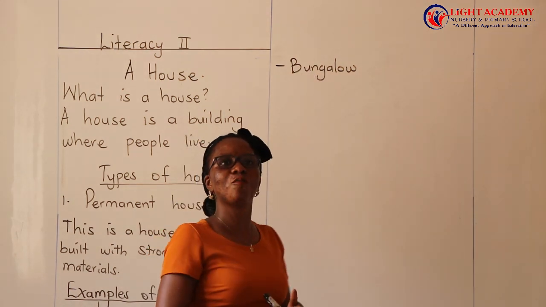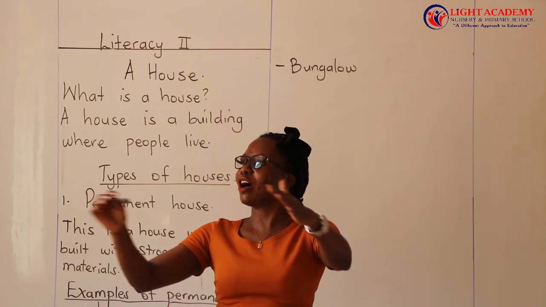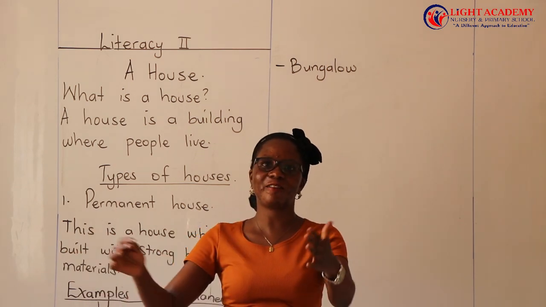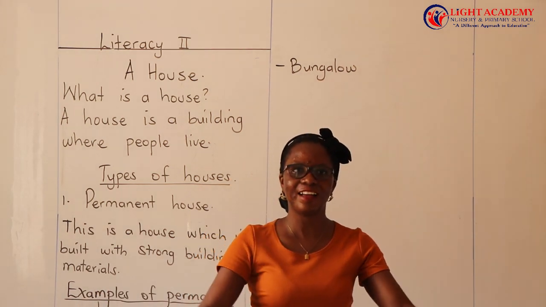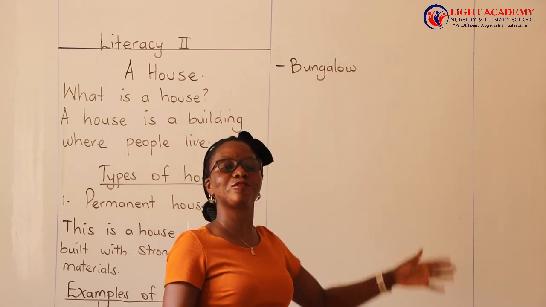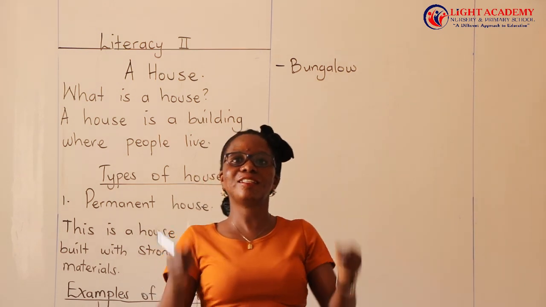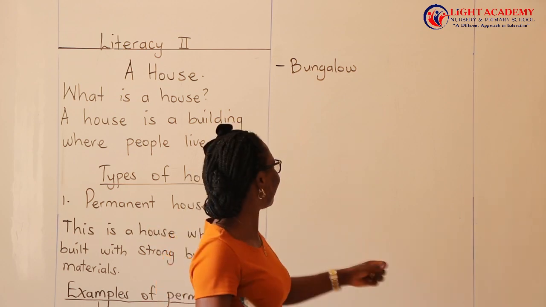This one is a normal house. It is not a flat, but these normal houses of ours, you find it has a garage, it has a shed, it has a veranda, just normal houses. This is what we call a bungalow. It is also a strong house. It is built with strong building materials.